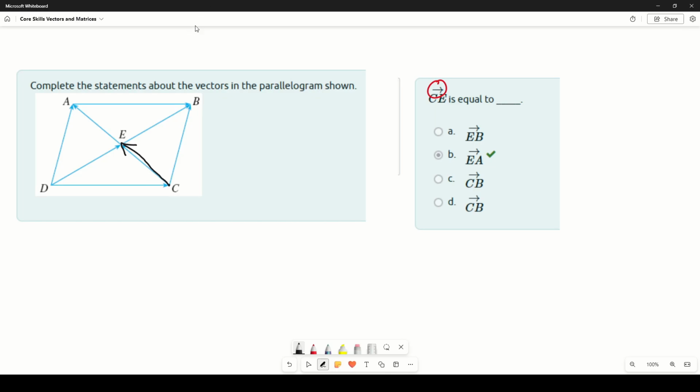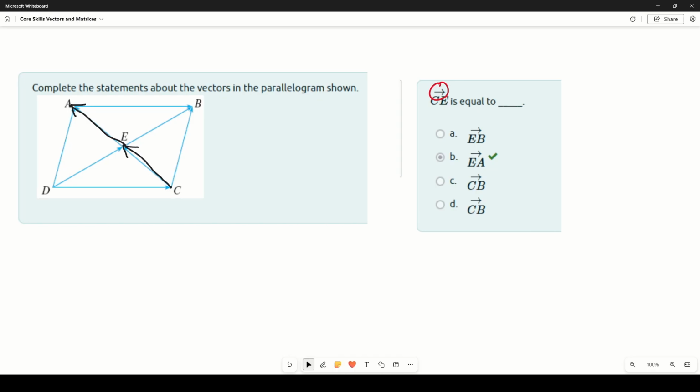We're going to see which of these 3 candidates have the same direction as the CE vector. Again, we see that DE has a different direction, so it is disqualified. Same with EB, so that leaves us with 1 candidate, EA, and surprisingly, it does have the same direction. So to give a small brief recap, we basically see which of the other lines in this diagram have the same direction and the same length.